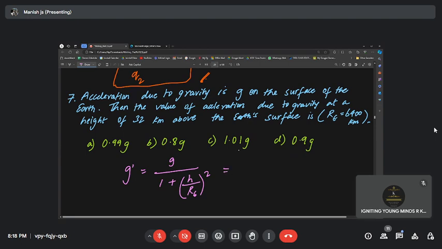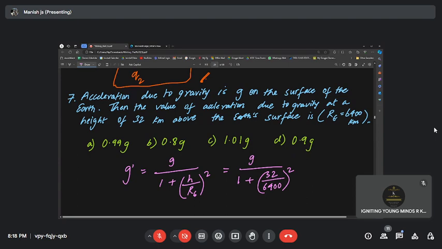We want the answer in terms of g itself, so keep it in terms of g. So g upon, what would you get, children? You get 1 plus height is 32 kilometers, so 32, radius of the earth is 6,400, the whole square. So you simplify this, you square it, you take LCM, reciprocate, and then go for a simplification.